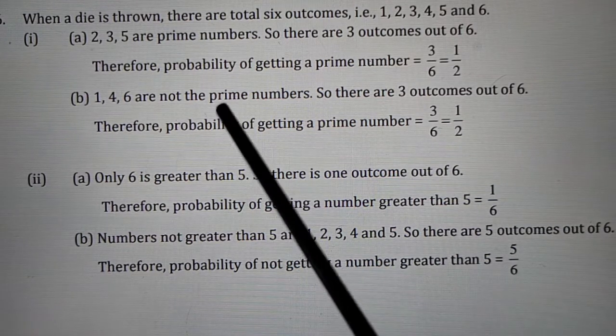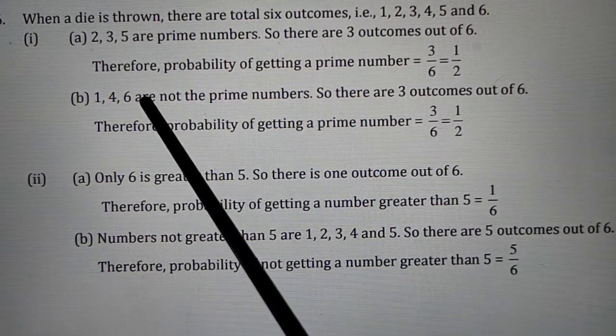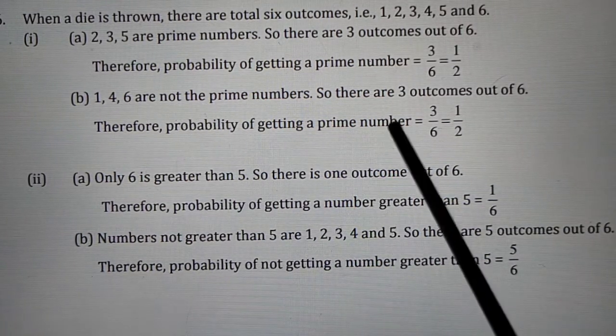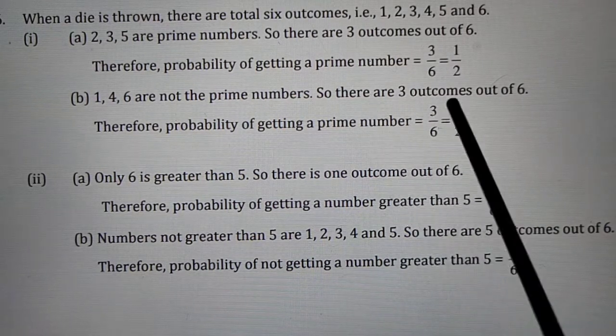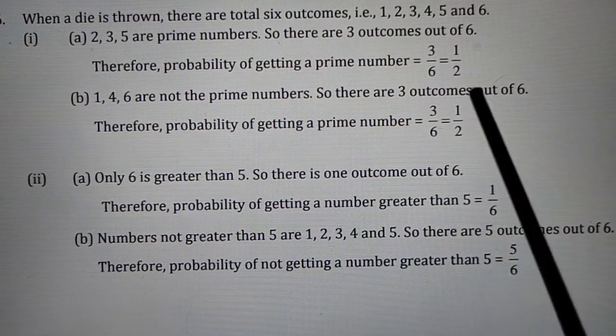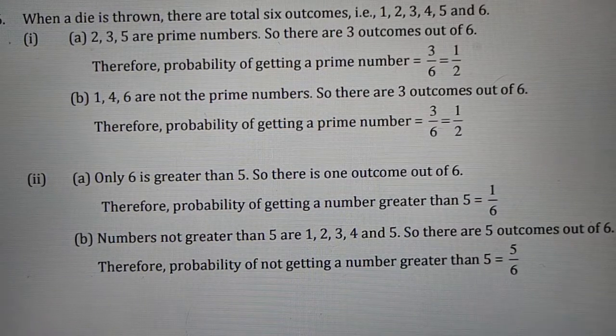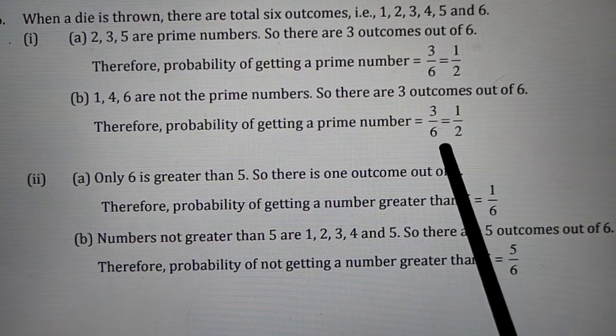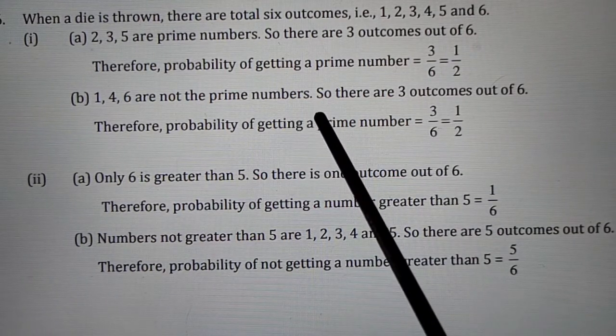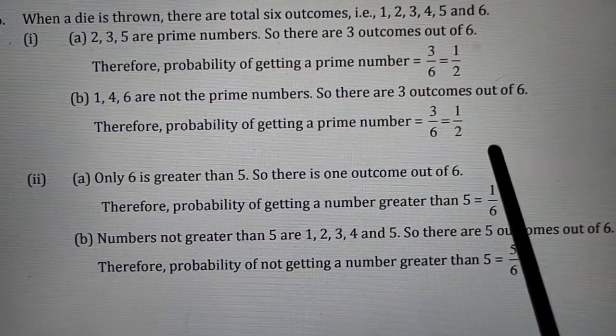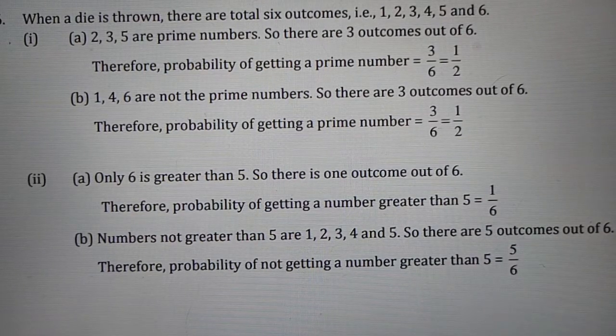And the next one, non-prime numbers: 1, 4 and 6 are the non-prime numbers. So there are 3 outcomes out of 6. Therefore, the probability of getting a non-prime number is also 3 by 6. You must write non-prime number here, because this is the probability for non-prime, as they are similar. So for prime 3 by 6 and for non-prime also 3 by 6.